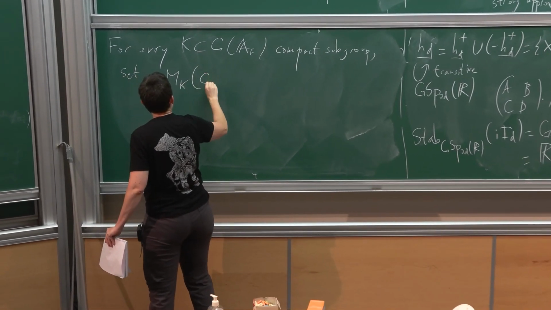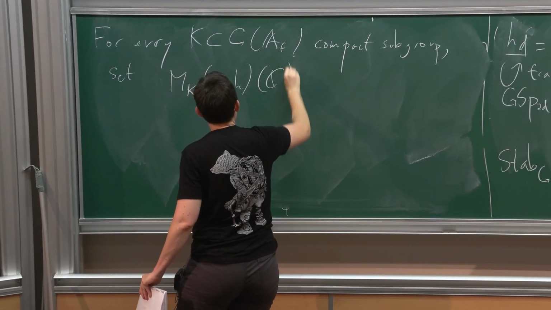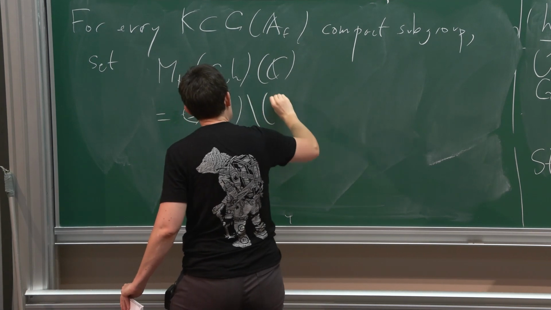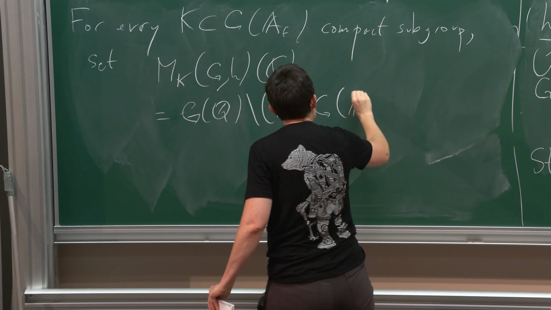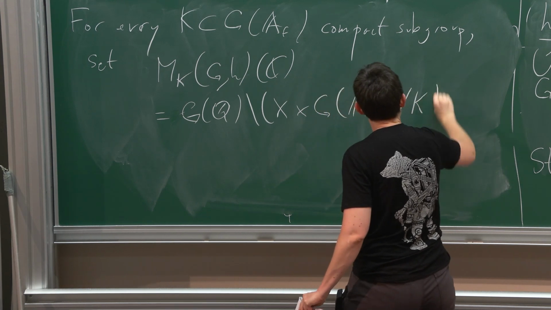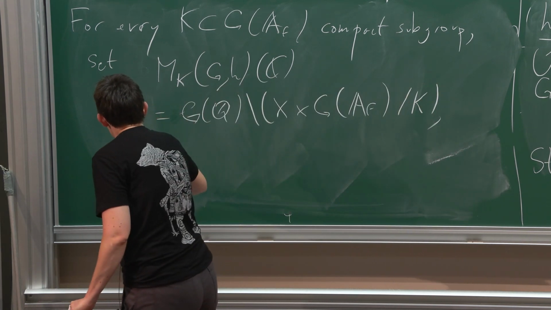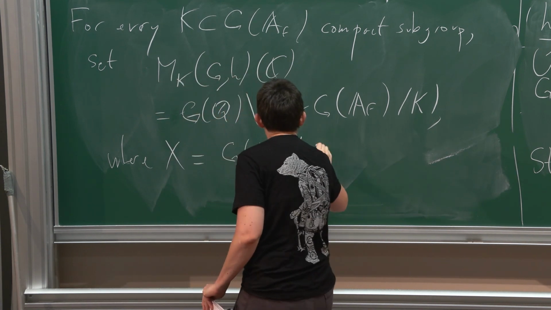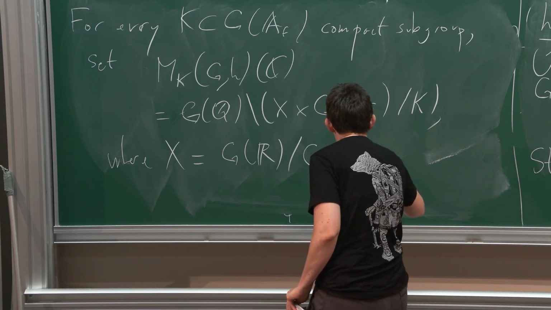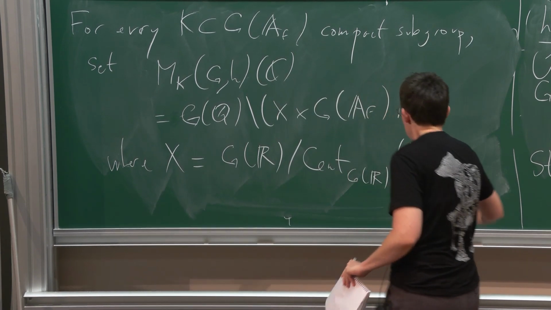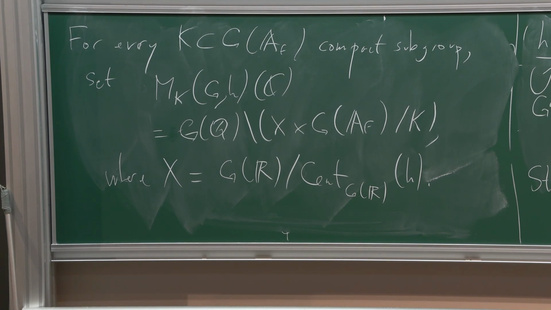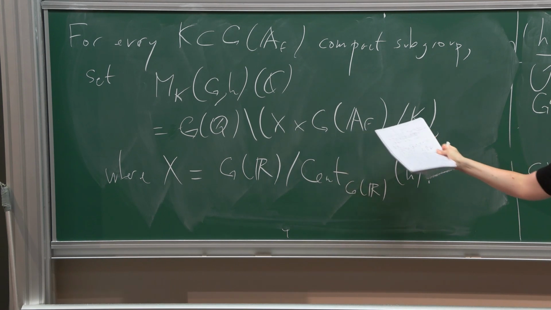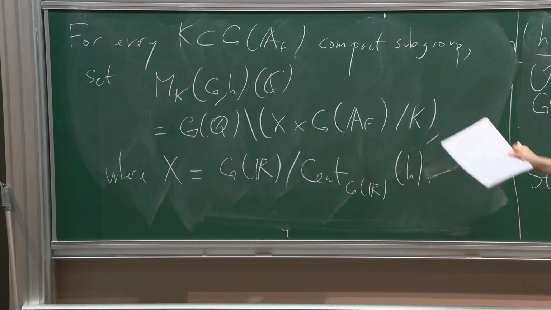Then, of course, I forgot to define something, but that's okay, I will do it now. Then you introduce X, which is G of R divided by the centralizer of H. And then the associated Shimura variety at level K is defined to be this.